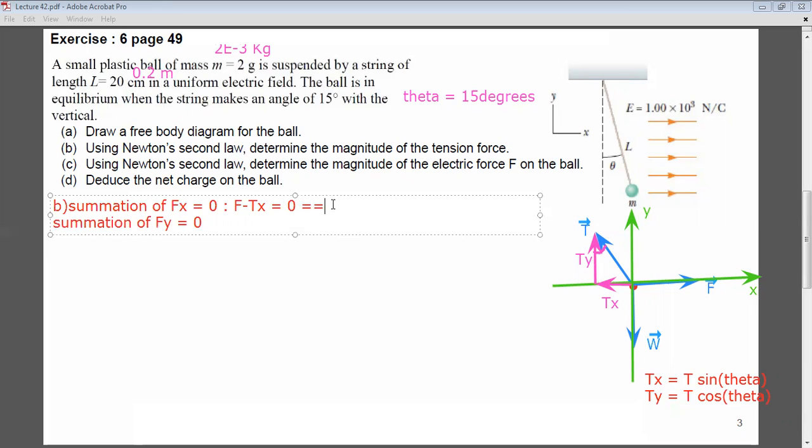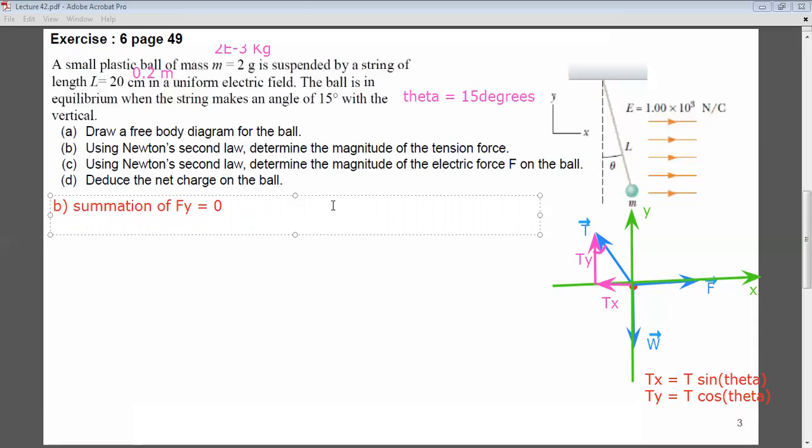Implies F, which is, I don't have F as a value, but I can get it from E. So it is Q times E. But again, I don't have Q. I don't have the charge. So summation of Fx will lead me nowhere.